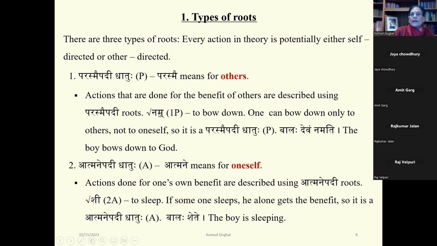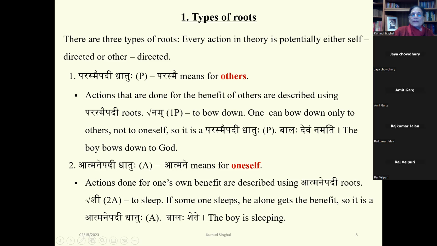For example, the root nam, it is a 1P root, to bow down. One can bow down only to others, not to oneself. So nam is a parasmai dhatu, like balaha devam namati. The boy bows down to God. So nam is a parasmaipadi dhatu.